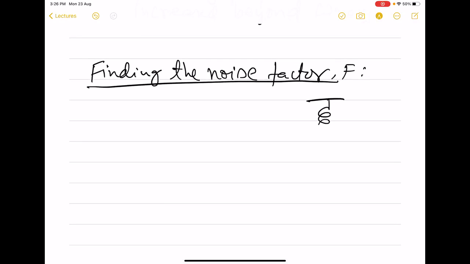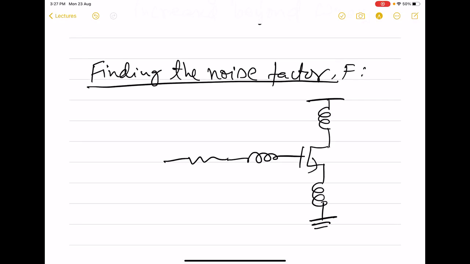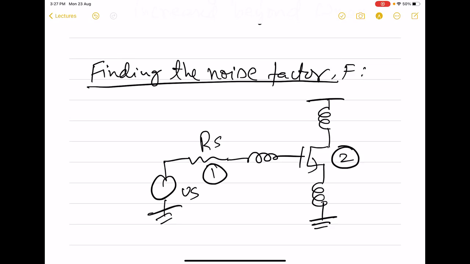So here, if you see the circuit, in this circuit there are actually only two noise sources present. First is this RS, second is MOS. And we are going to assume that this LG and LS are lossless.